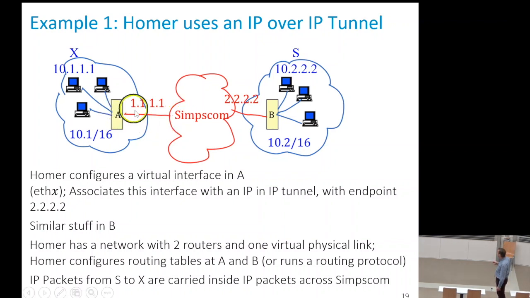And you build a second logical interface that connects via the provider to B. In order to configure this interface, you need to know the IP address of the other end of what is called the tunnel. And then the IP packets from X to S, for example, will be carried inside IP packets in this link here.